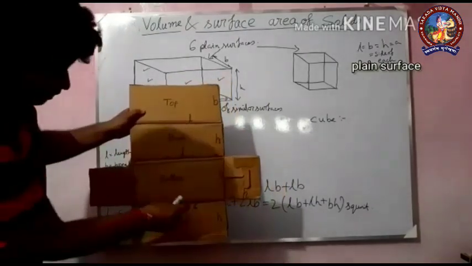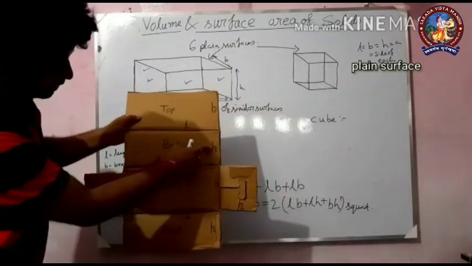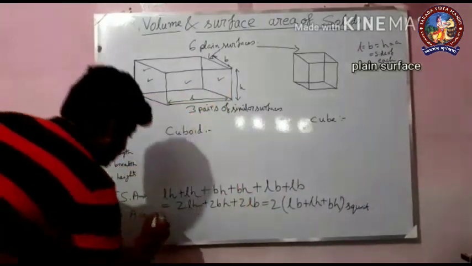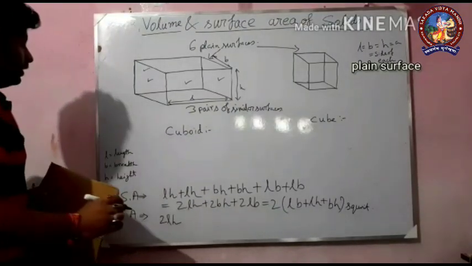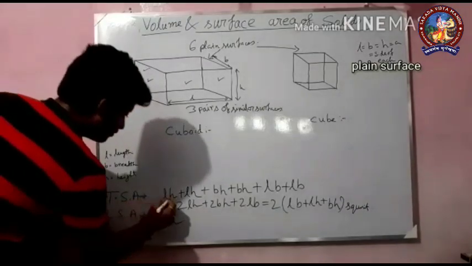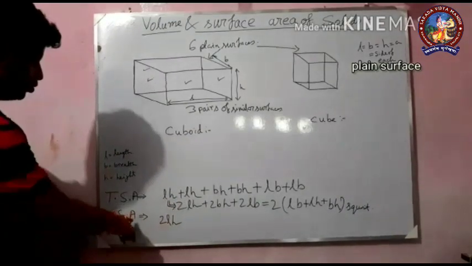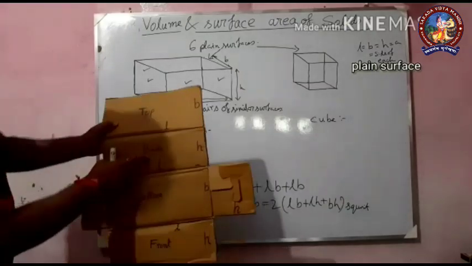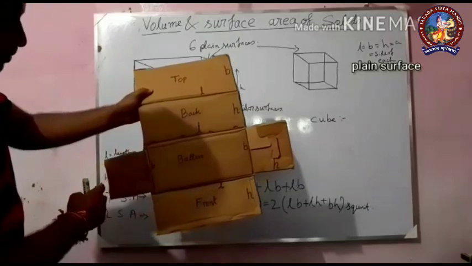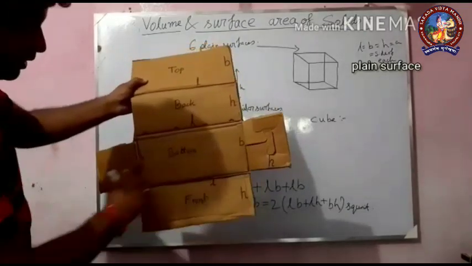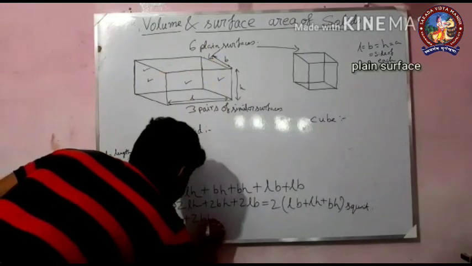See, LH is the front surface, LH is the back surface. So 2LH will be there for the lateral surface area, this one and this one. Now the 2 surfaces at the 2 sides are BH and BH, that is 2BH.